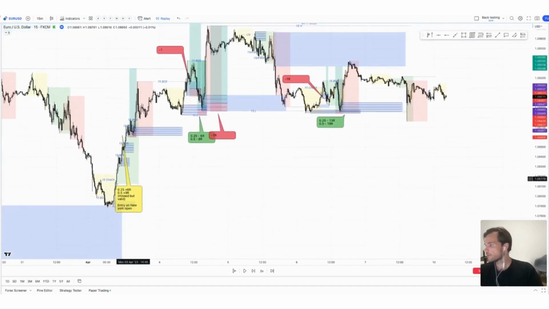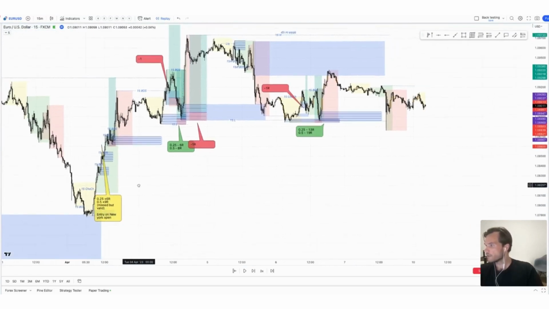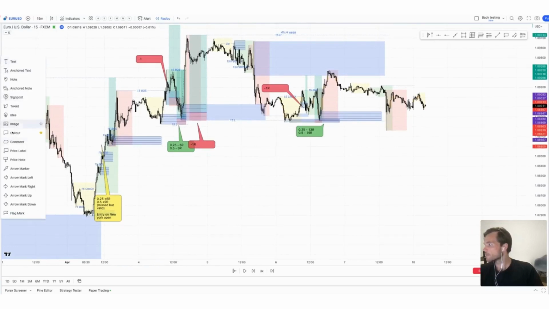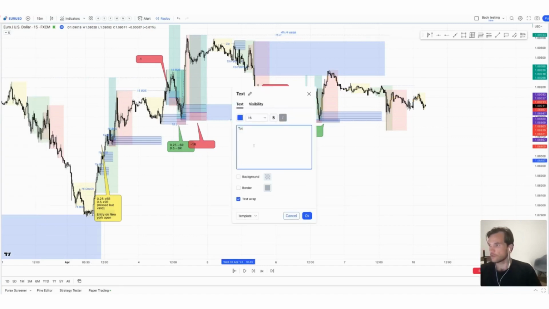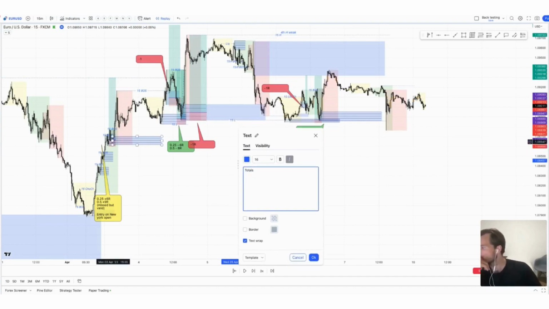Okay, another quite quiet week. I guess it was only really a 4-day week, and Monday just sent it. So let's have a look. Totals. We'll include this anyway because it was valid. So 0.25s and 0.5s.